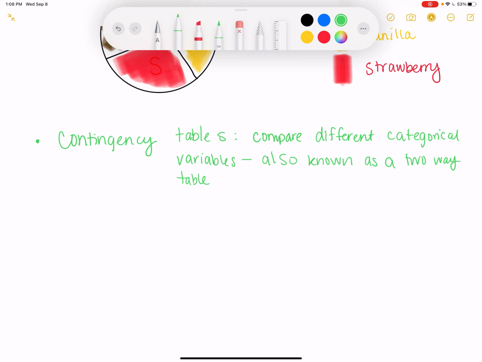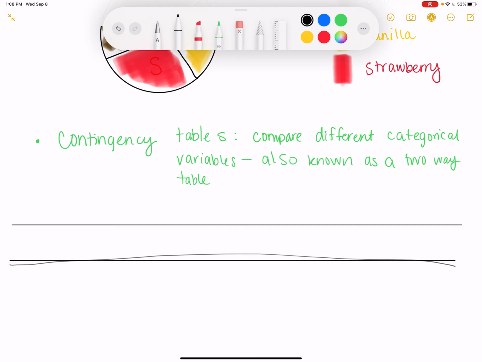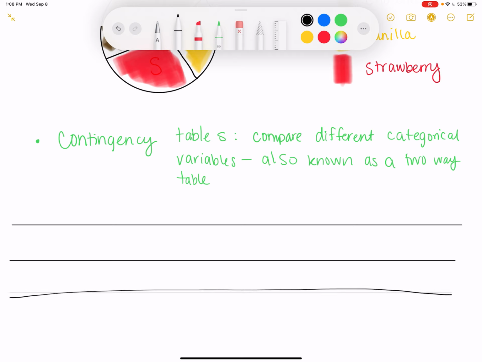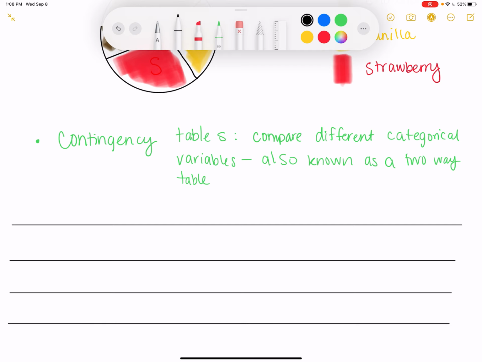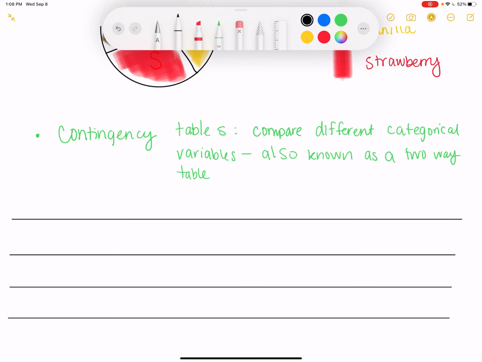I already don't like it. All right, so you're going to have 5 columns, 4 rows. I'm just going to wait for you to draw it.